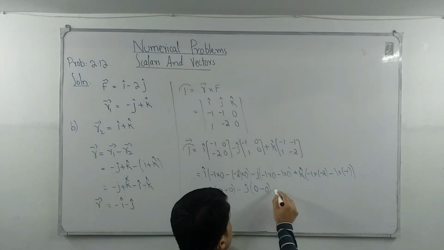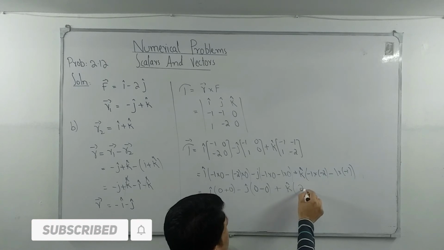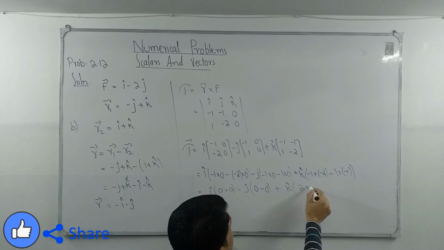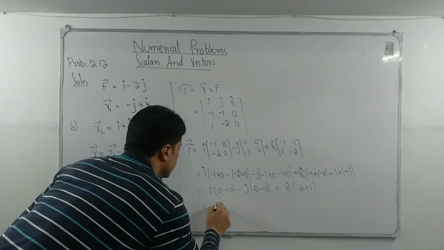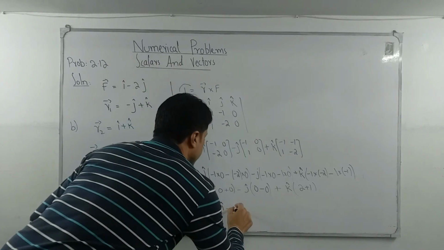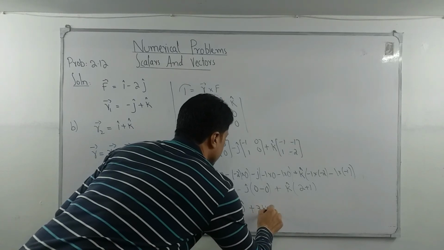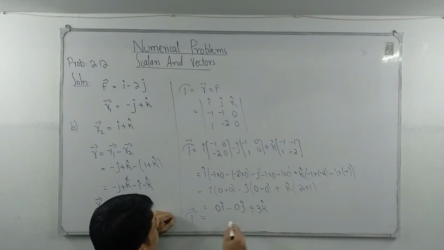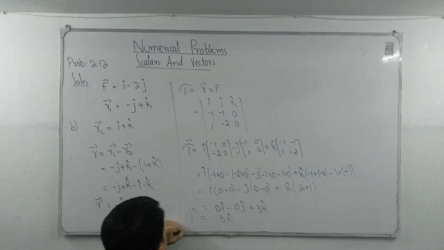Then plus k, minus minus 2 is plus 2, and minus minus 1 is plus 1. Okay. Now we are getting 0i, minus 0j, and plus 2 plus 1, 3k. So finally the torque will be equal to 3k, because we don't need to write 0i and 0j. So only 3k is the final answer.